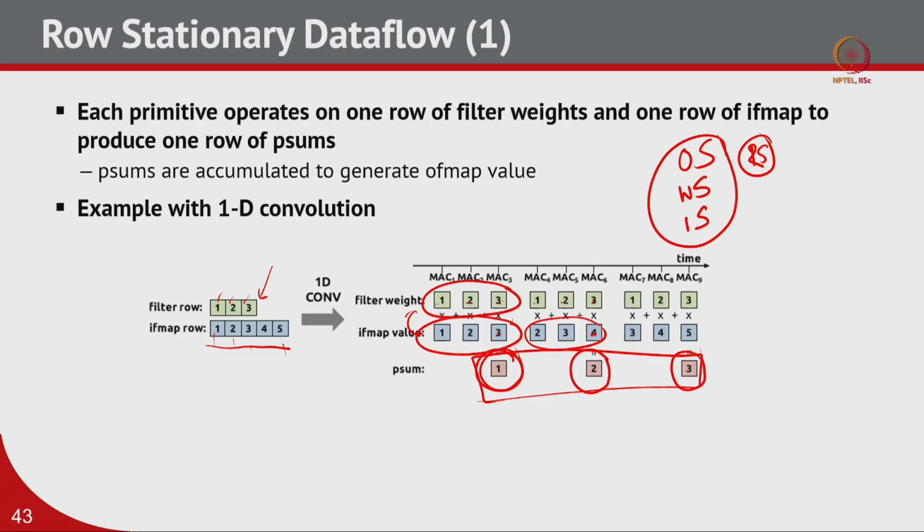Then we have the next set of input feature map values, on which we again perform element-wise multiplication to obtain the second partial sum and then the third partial sum. Of course, there can be multiple channels. That is why these are partial sums, so that we can add across multiple channels. So, this is the main idea behind row stationary data flow.